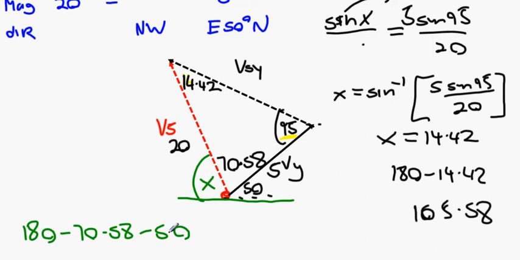So what we're looking at here is 59.42. So x here is 59.42. So what direction did the speedboat go in? It went in west 59.42 degrees north. Okay.